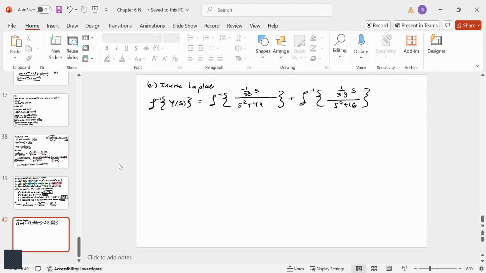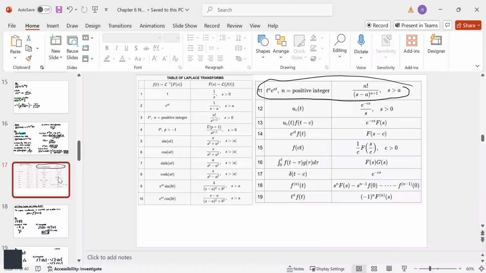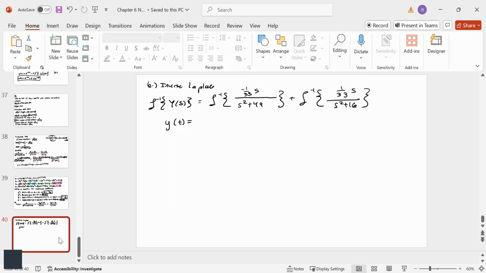So if we go to our table and we look, according to our table, a number over s squared plus a squared is sine, but s over s squared plus a squared is cosine. So it's going to be cosine just because it's s over the whole thing.